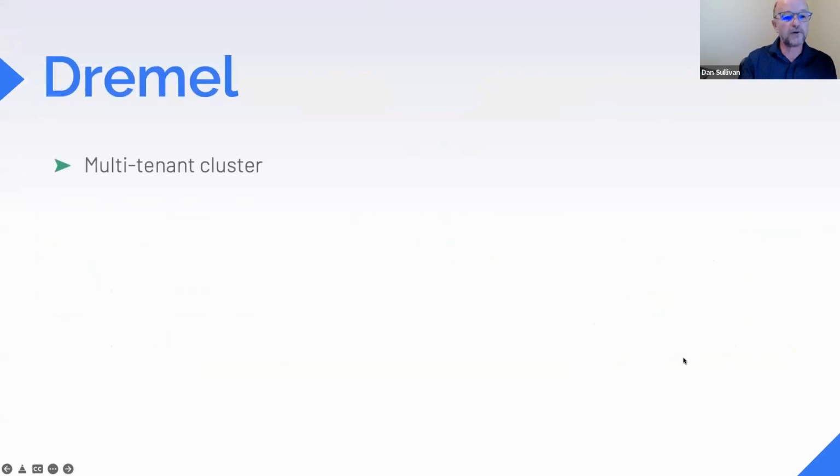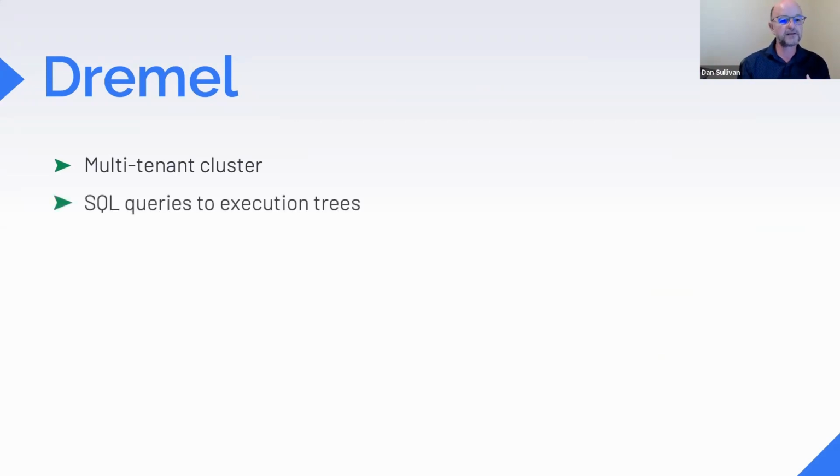So a little bit more about Dremel. Dremel runs basically a multi-tenant cluster. That means that your queries, my queries, other people's queries, they're all being run in Dremel, all on the same cluster. What Dremel does is it takes our SQL queries and maps them into execution trees.